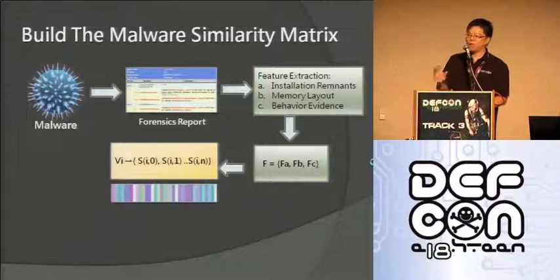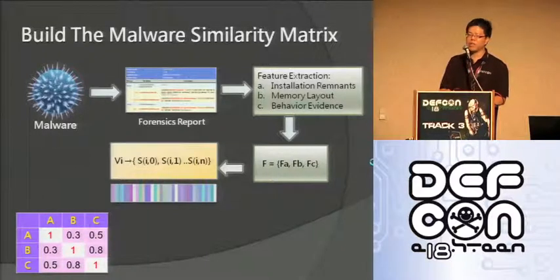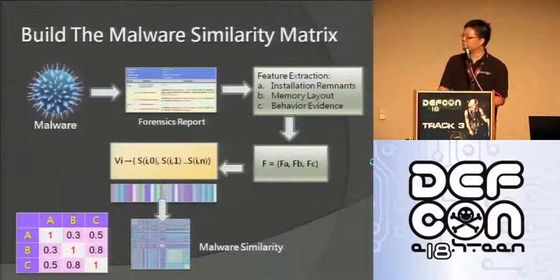For every malware that has this score, it will be compared against another malware instance, and then you can get a similarity. We compare with every malware instance and you get a vector of similarities. And then finally, you get a matrix of similarities. This is how we come up with the matrix.